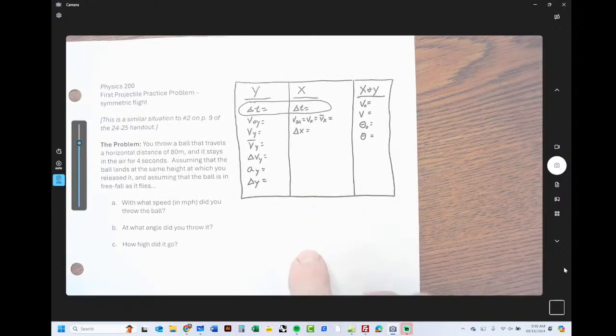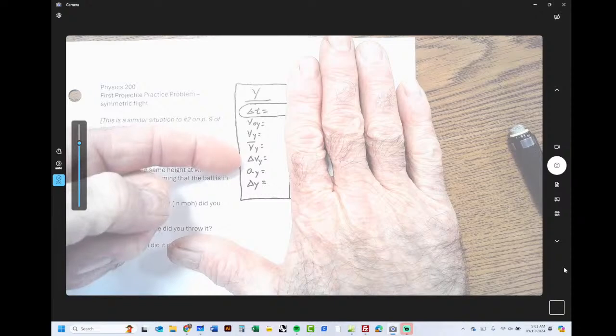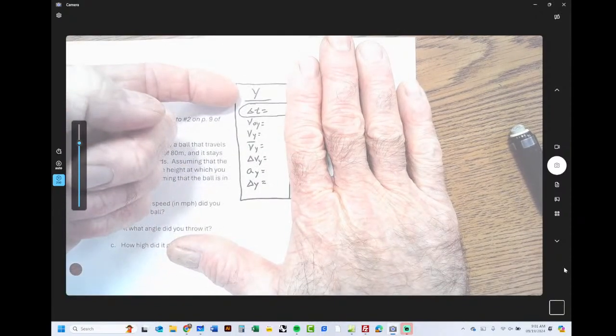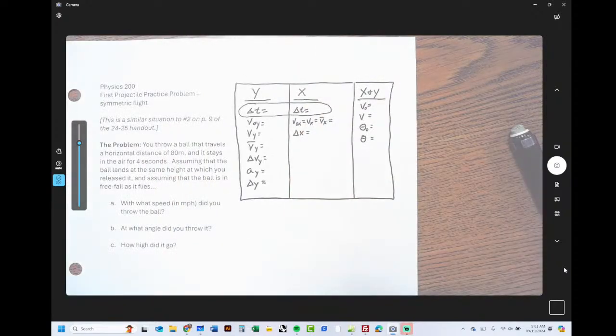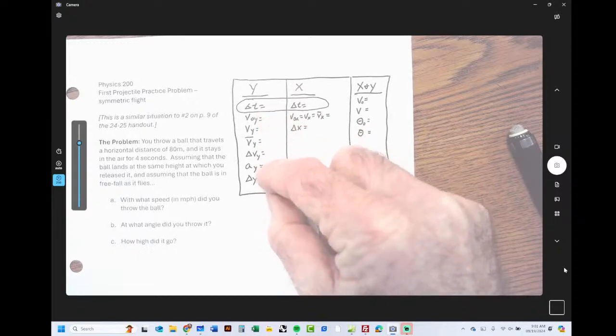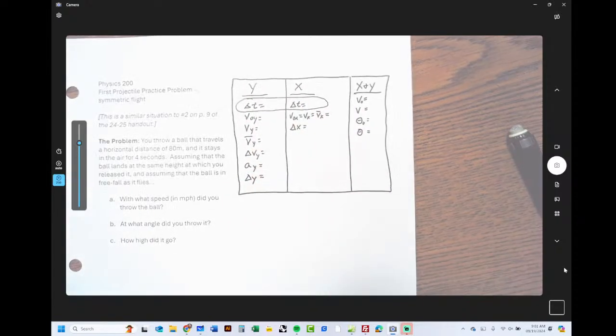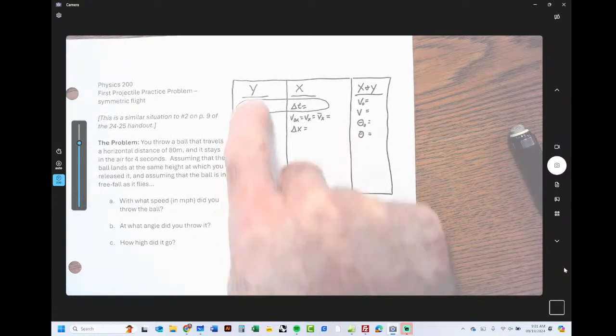All right. So over the years, I've come to the conclusion that this is a helpful thing. So in the first unit, we dealt with this list of variables, and this is in the y dimension, so something that goes up and down and is in free fall, we could fill in whatever we have and we could solve for other things using the kinematics formulas. But now we're not just going to have things going in one dimension.